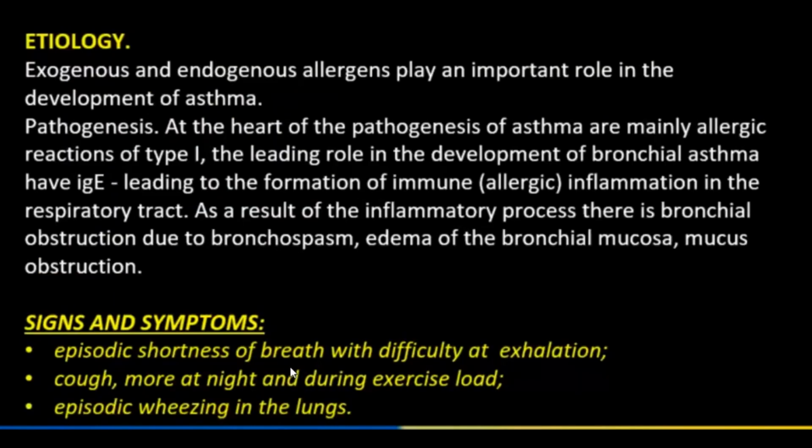Etiology: it is exogenous and endogenous. Allergens play an important role in the development of asthma.